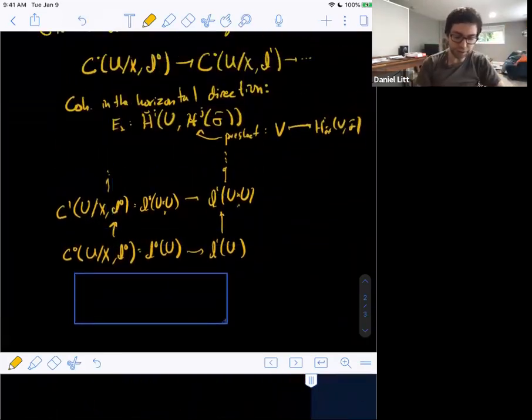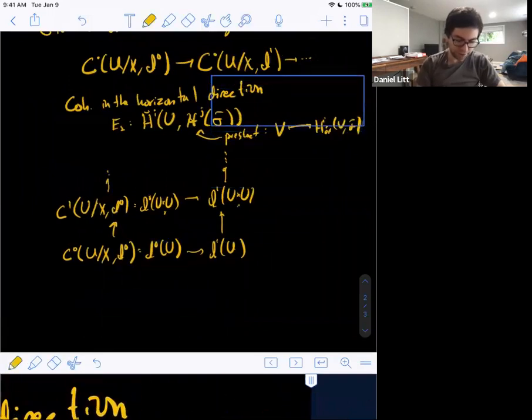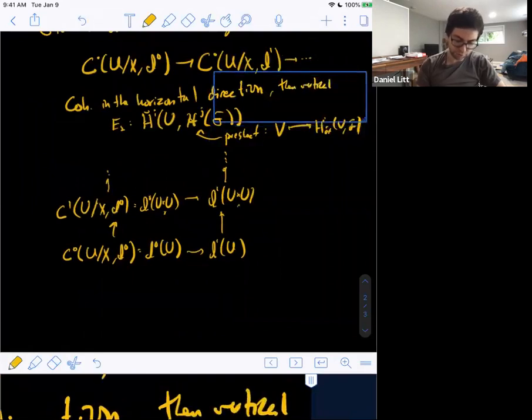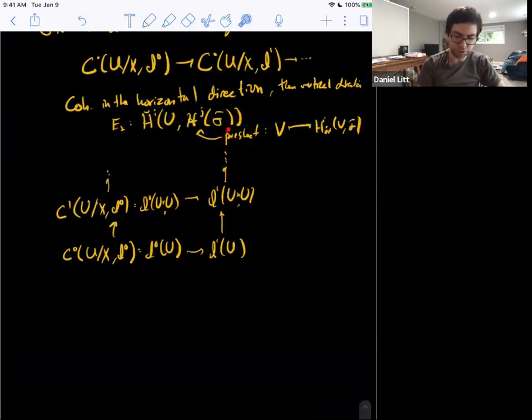So what do we do to get this? We take the cohomology in the horizontal direction, and then the vertical direction. If we just take the cohomology in the horizontal direction, we'll get a complex computing this thing, and then when we take the vertical direction, we get this whole thing. All right, let's do it in the other order.